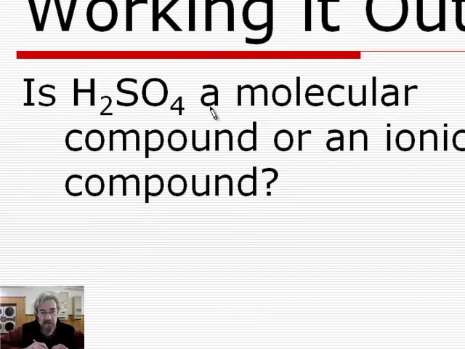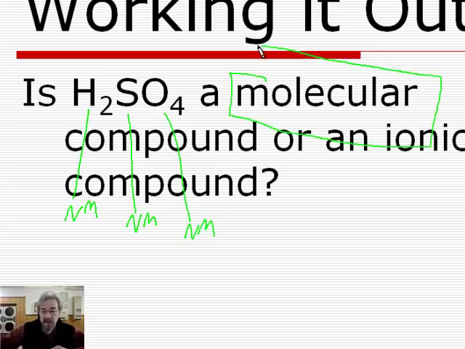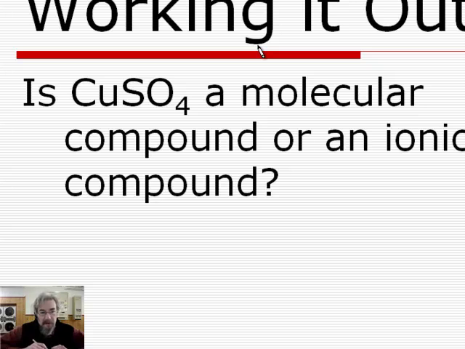Is H2SO4 a molecular compound or an ionic compound? Well, this is more complicated than the others, but hydrogen is a nonmetal. Sulfur is a nonmetal. Oxygen is a nonmetal. Since all three are nonmetals, this compound is a molecular compound. One last example. Is CuSO4 a molecular compound or an ionic compound?